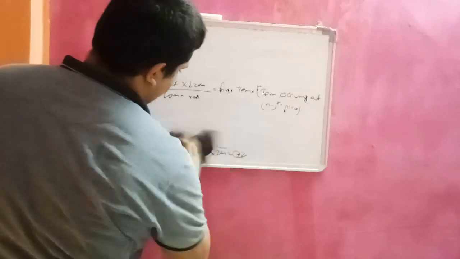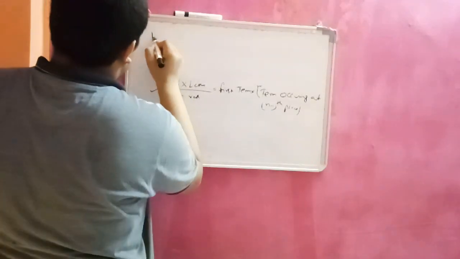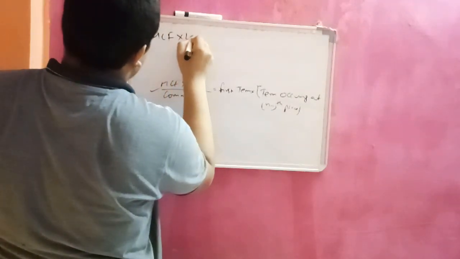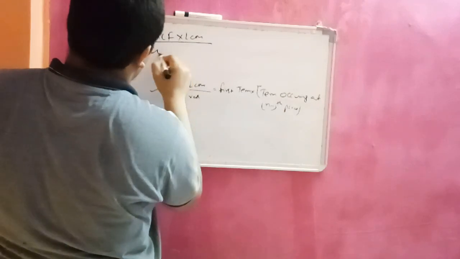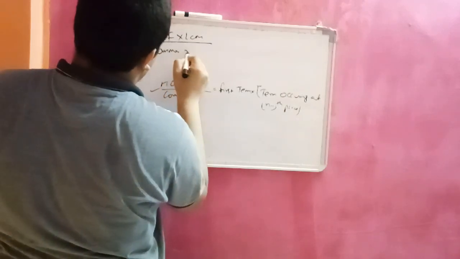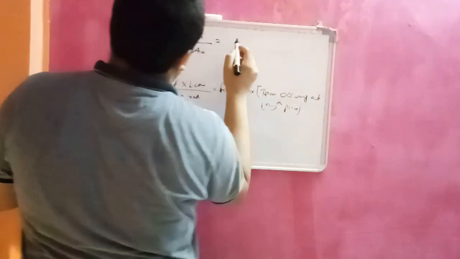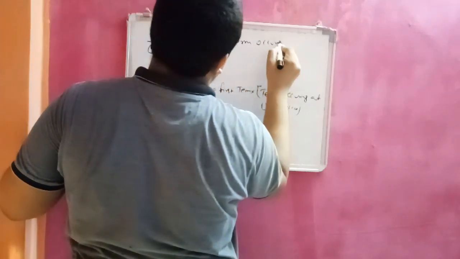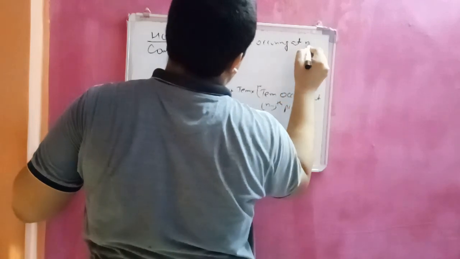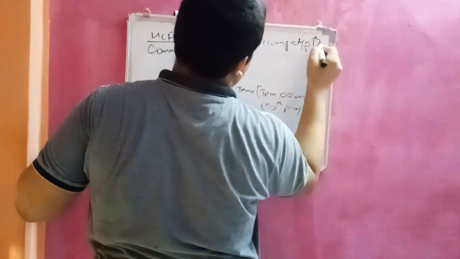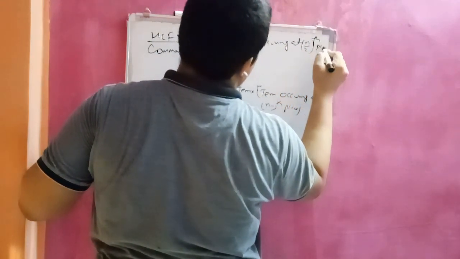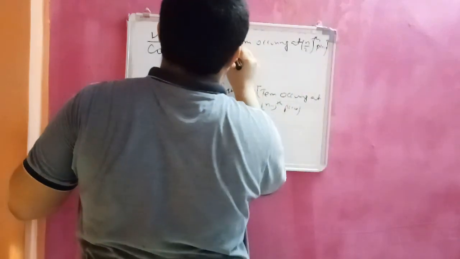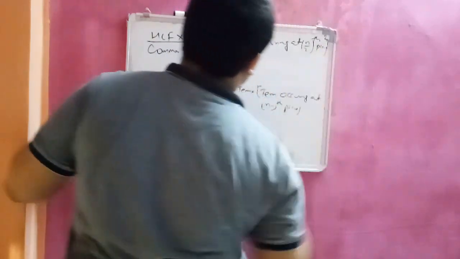Later I found that HCF into LCM divided by the common ratio is equal to the term occurring at n by 2th place squared.